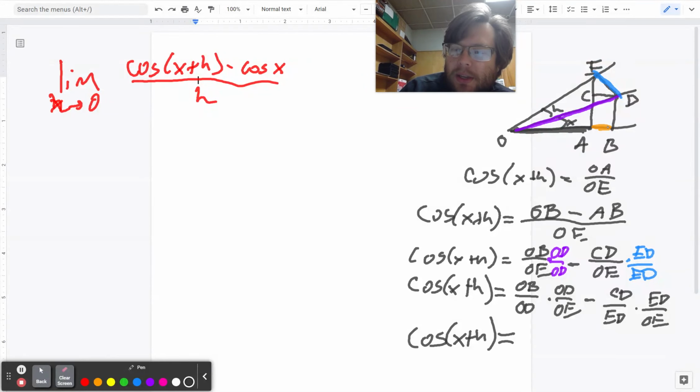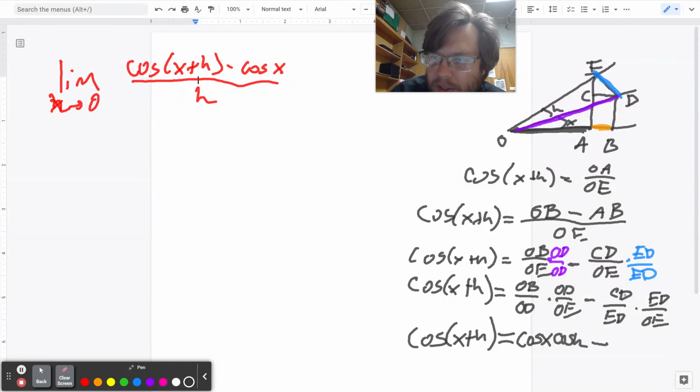So OB is adjacent to angle x, and OD is the hypotenuse. So this is cosine of x. OD is adjacent to angle h, and OE is the hypotenuse there. And so that's cosine of h.